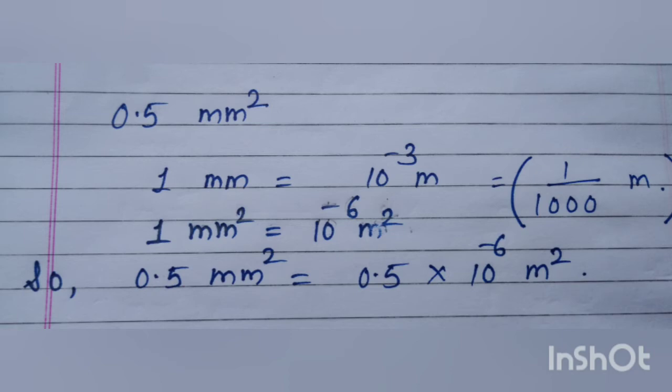So 1 millimeter square is equal to 10 raised to minus 6 meter square, and 0.5 millimeter square is equal to 0.5 into 10 raised to minus 6 meter square.